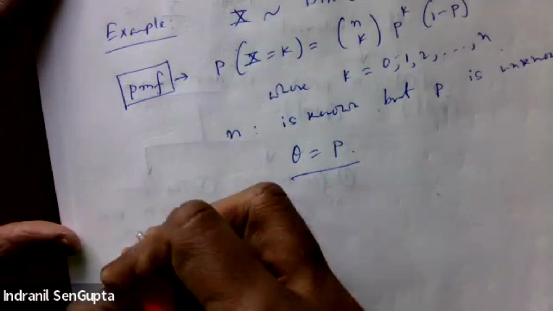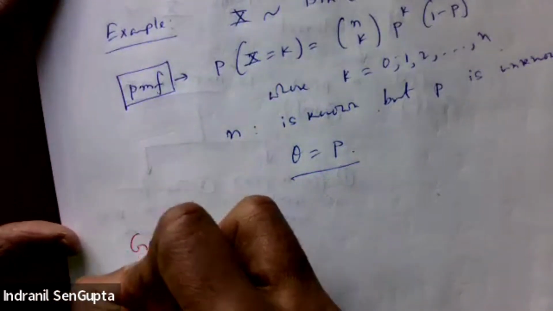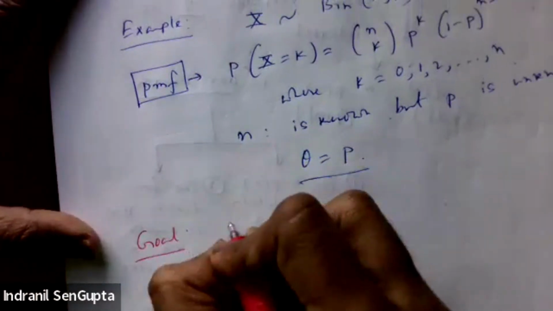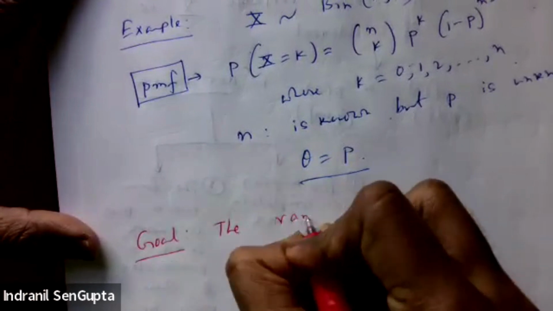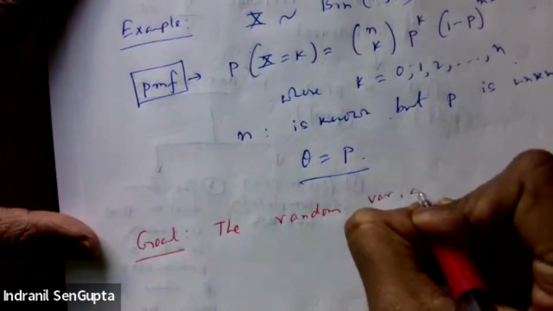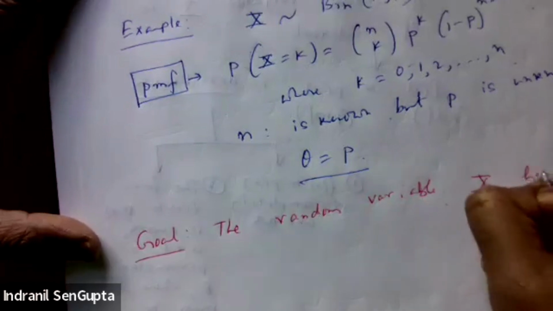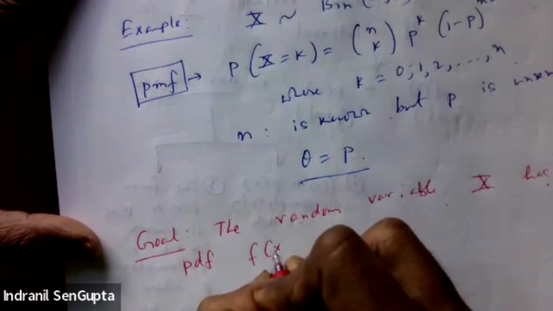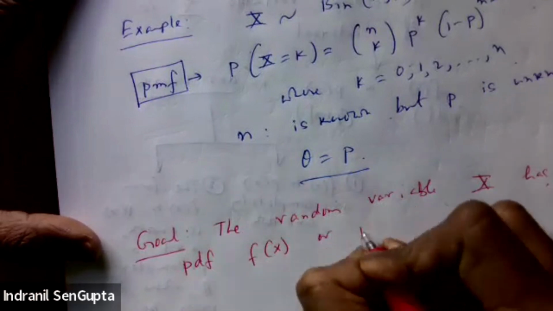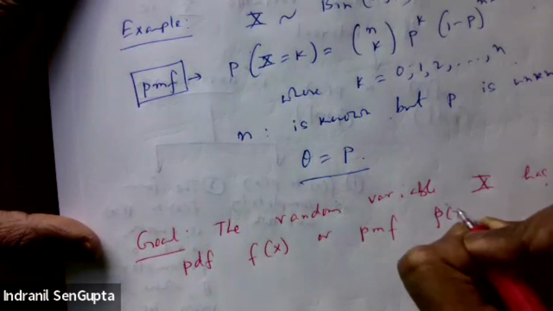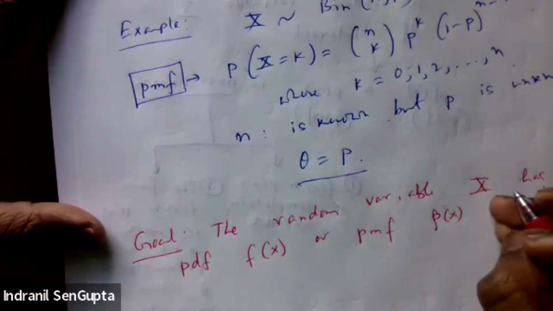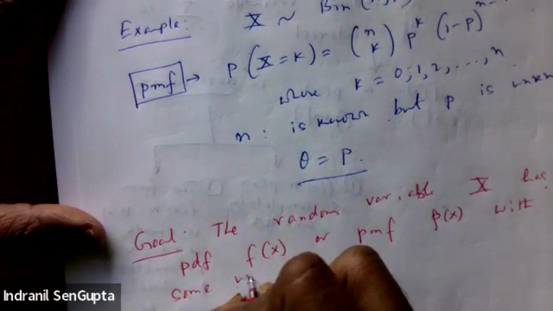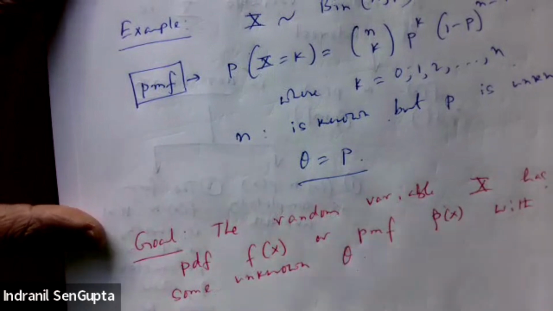Mathematically speaking, I'll write this one time. So the goal is: the random variable X has PDF f_X or PMF p_X with some unknown, as we have seen, theta.